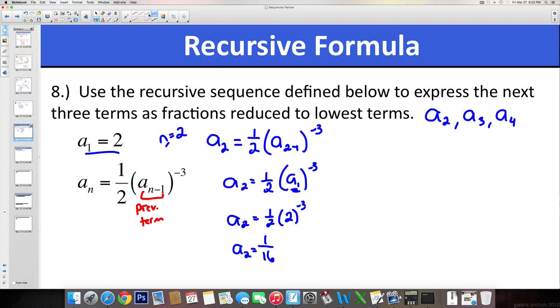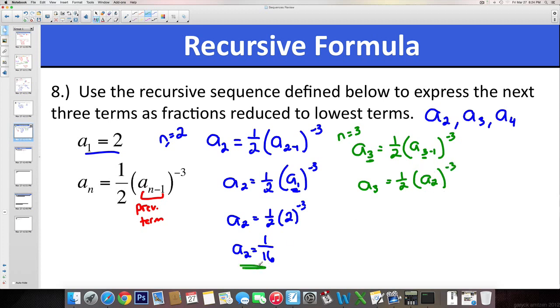Let's go ahead and move on now to the third term. So we're going to make n 3. So a sub 3 equals a half times a sub 3 minus 1 to the negative third. Remember, now n is 3, so wherever we see an n, replace it with 3. So the third term is a half times a sub 2, or the second term, raised to the negative third. We know what the second term is.